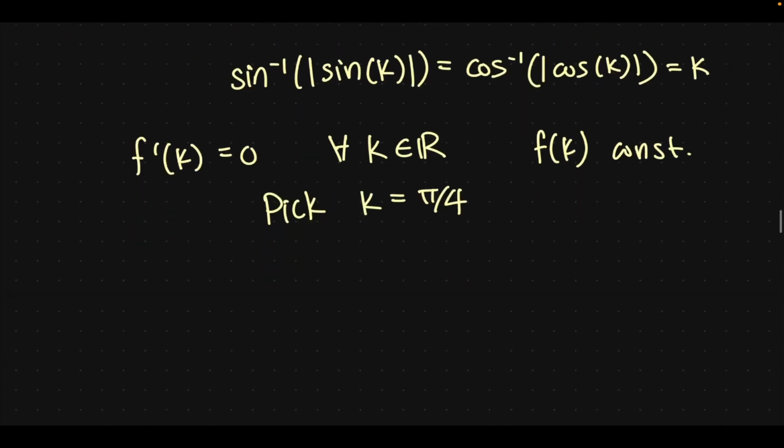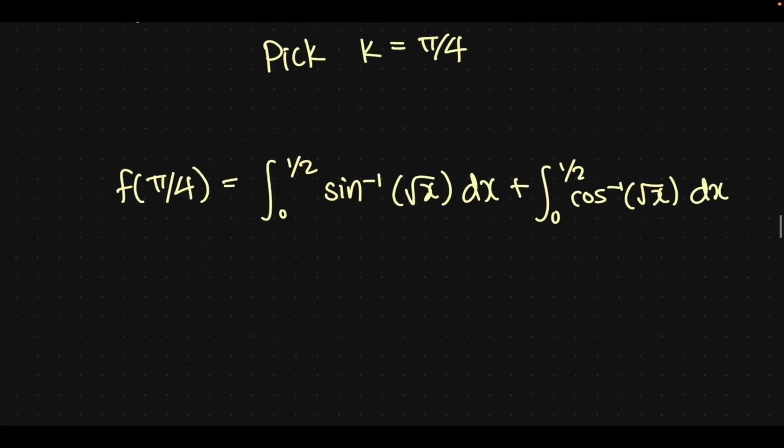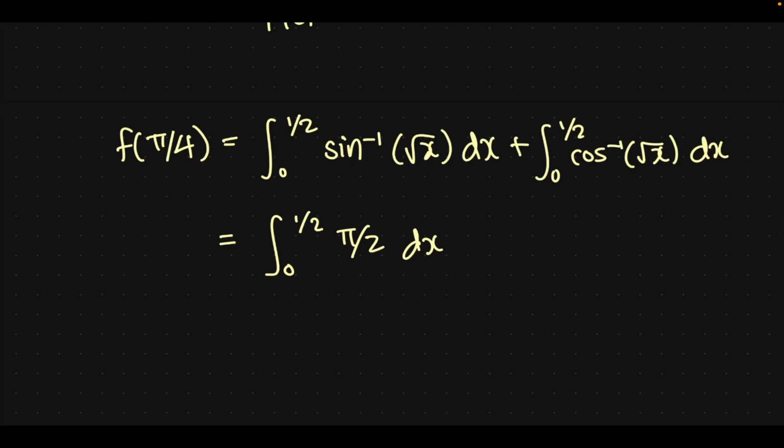So pick k equals pi over 4, because then sine squared k and cosine squared k are both 1/2, so we have 1/2 in both integrals, and that's nice because we can evaluate that nicely. The integral from 0 to 1/2 of sine inverse square root x dx plus the integral from 0 to 1/2 of cosine inverse square root x dx, because we can use the nice inverse trigonometric properties to give us a pi over 2 when we add them under the common integration.